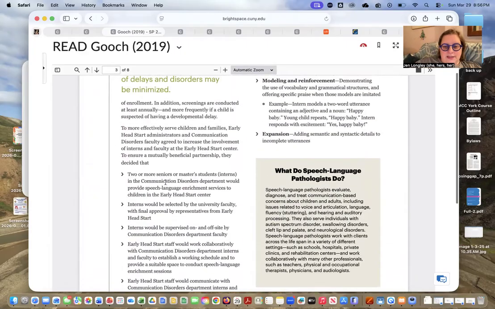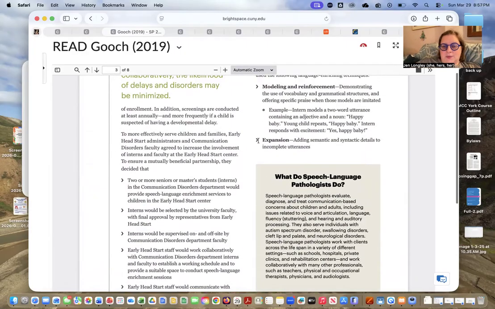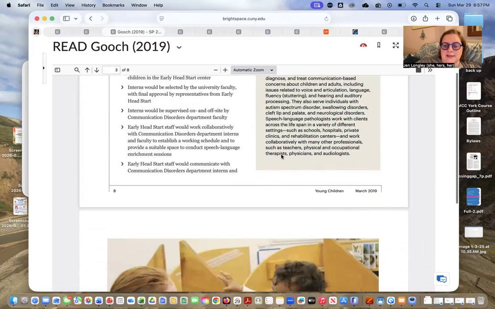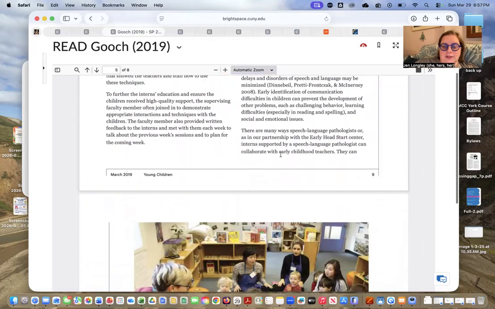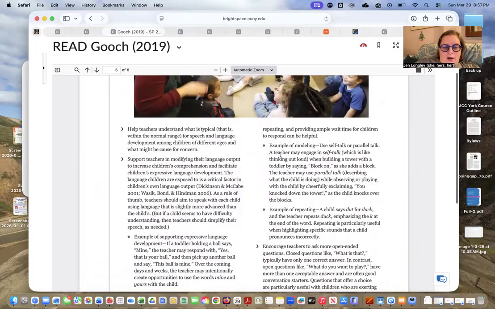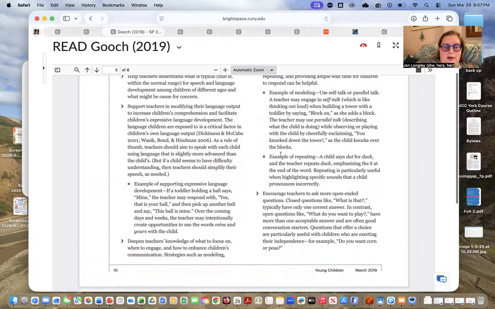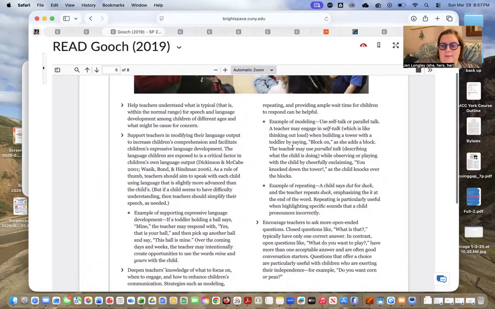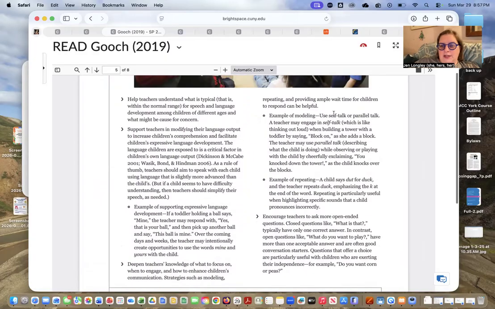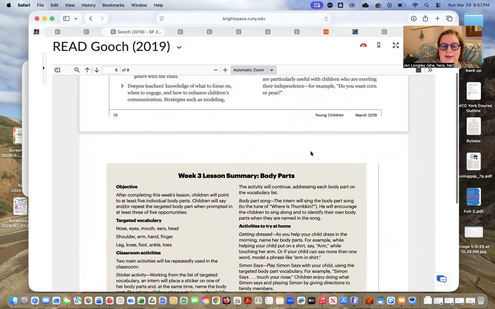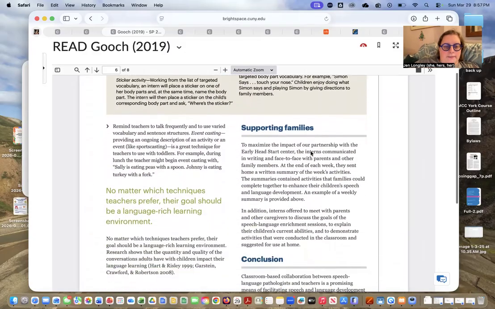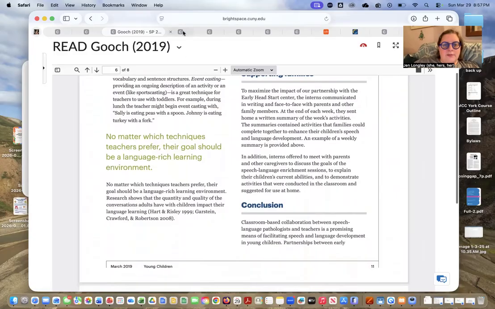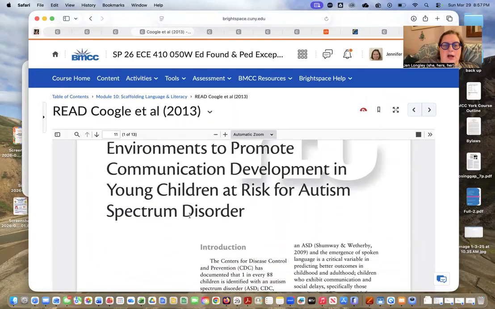And I might be missing a few. Expansion. Okay, these are techniques. These are scaffolds that are important. And there might be some more in here. We're going to talk about self-talk and parallel talk a little bit later also. But there are some strategies in here.